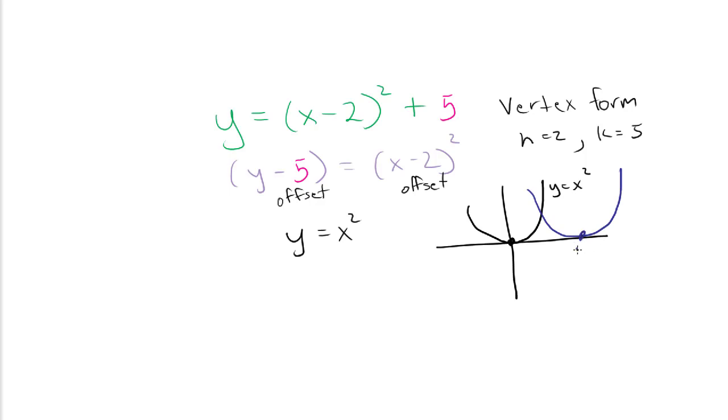X minus 2 indicates my vertex moves to 2, 0 from 0, 0, the origin. The plus 5 indicates it shifts upward 5. Or alternatively, I can think of that as the offset to y, y minus 5, indicates the upward shift, positive 5 direction. Notice it's defined as y minus k offset.